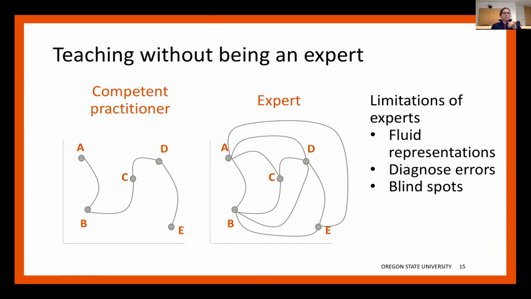But a competent practitioner, to go from A to E, may need to go through B, C, D, and E. So a competent practitioner has fewer connections between these pieces of knowledge, while an expert has more connections.